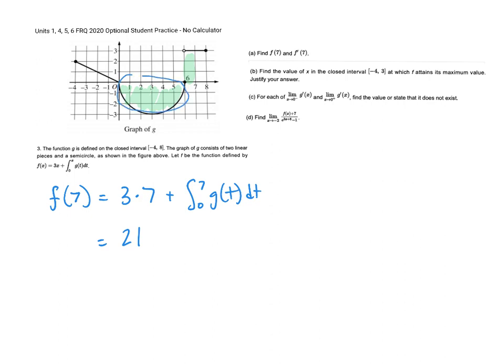That is negative area. So I'm going to put minus. That's a circle of radius 3. So the area of the whole circle would be 9 pi, but we have a semicircle, so that's 9 pi over 2. This piece here, that's positive area, and that is just 3 units, so that's going to be plus 3. So, simplifying here, this is 24 minus 9 pi over 2.